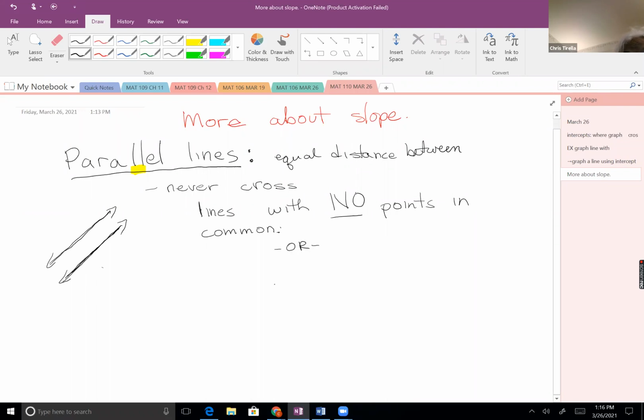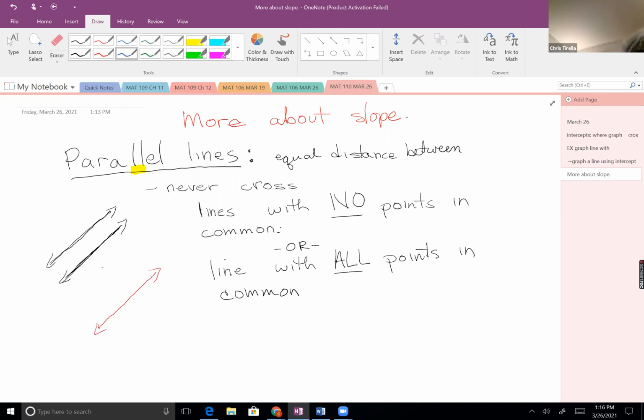Or there's another part of the definition. We also look at them as lines with all points in common. And I know sometimes people have a little bit more of a problem wrapping their minds around that. I could have one line, we'll look at this red line, and then we can have another line that's right on top of it.